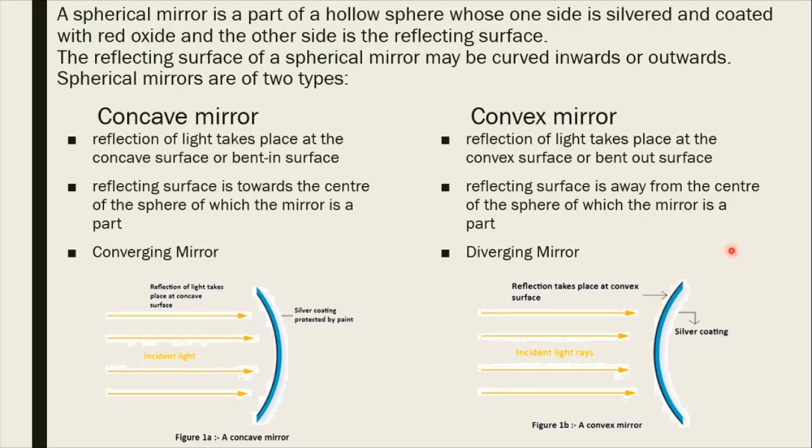If I make up my whole sphere, I can see that the reflecting surface is outside, or it is the bent-out surface, and it is away from the center of the sphere of which this mirror forms a part. A convex mirror is also called a diverging mirror, which we will again see in the later slides.